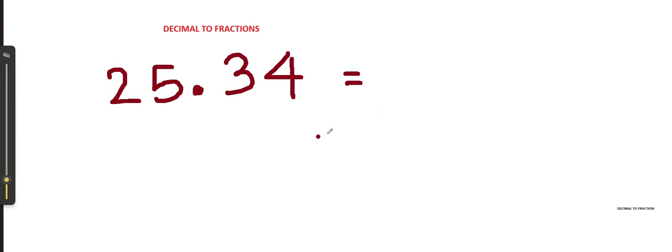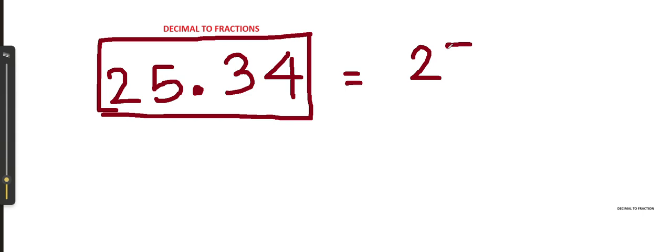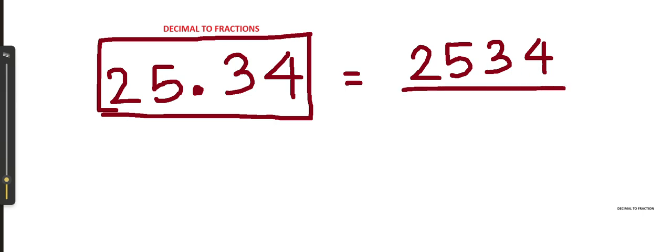We have the decimal part of it. Whatever number we have over here, 25.34, the numbers are 2, 5, 3, 4. Over. Look at the decimal. So that should be a 1.